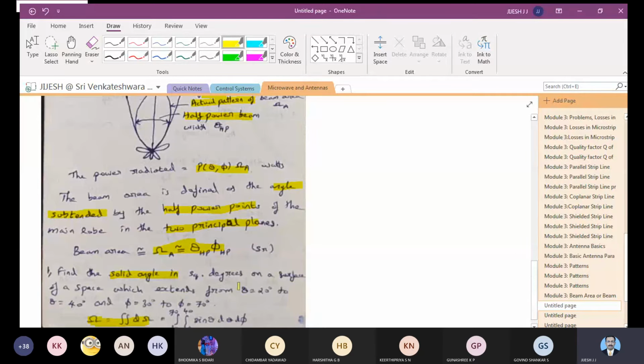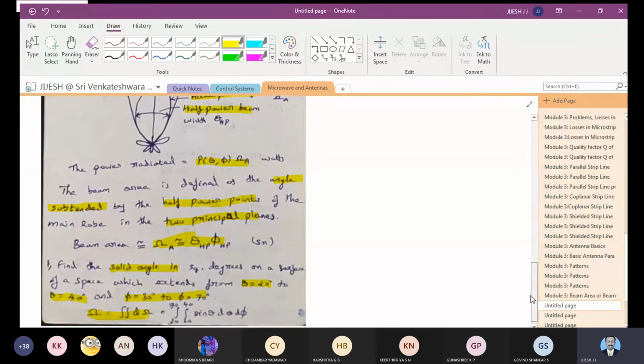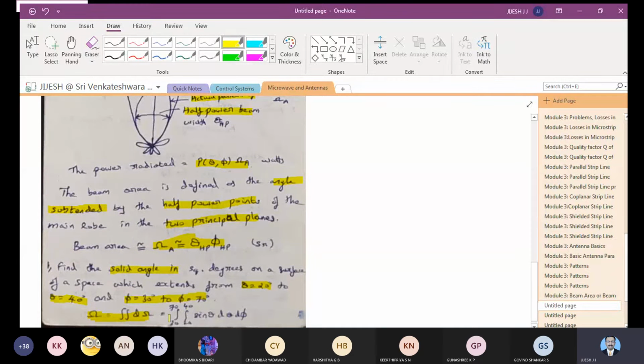You don't have to take from 0 to 2 pi and 0 to pi. Here theta is specified from 20 degrees to 40 degrees, and phi is specified from 30 to 70 degrees, so you have to substitute the same. You will get the integral of 30 to 70 and 20 to 40, that is phi and theta, of sin theta d theta d phi.